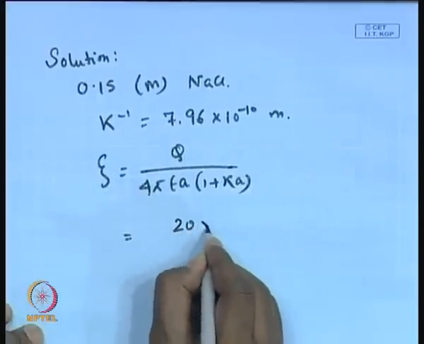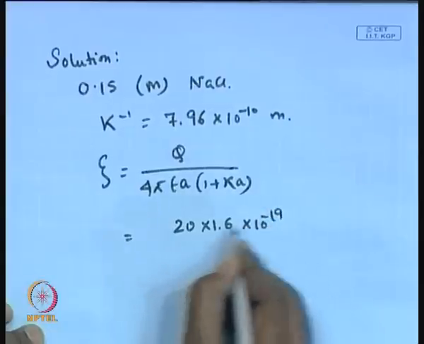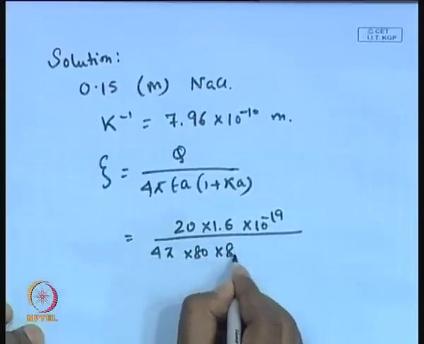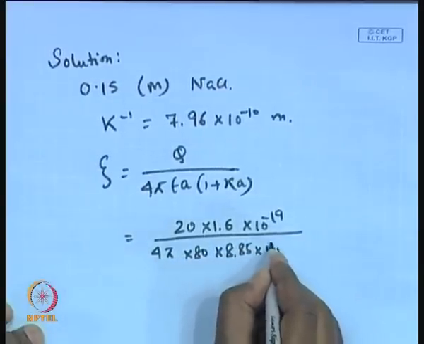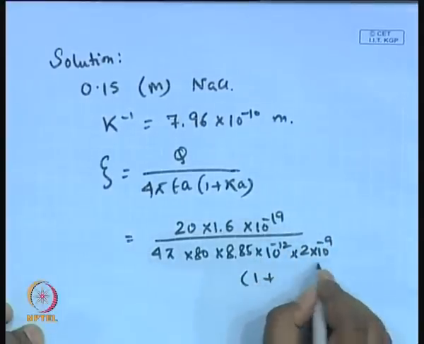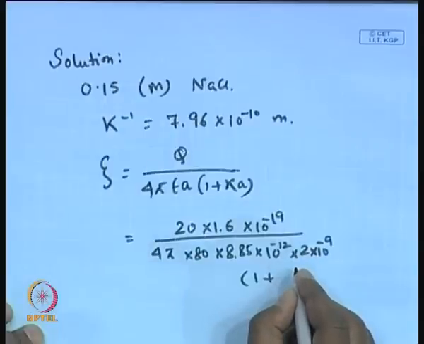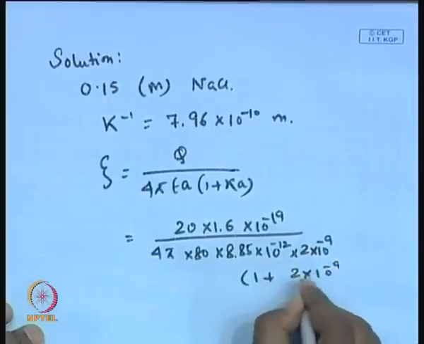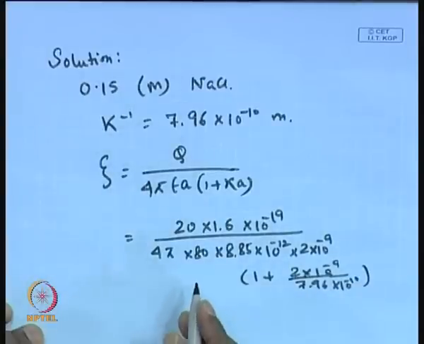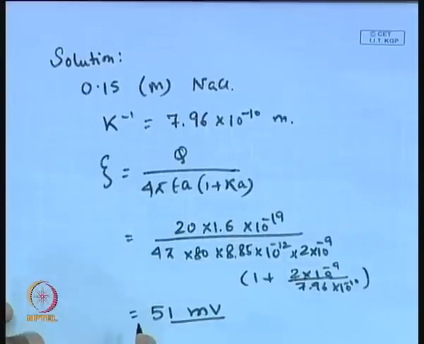So, you will have 20 into 1.6 into 10 to the minus 19 divided by 4 pi into 80 into 8.85 into 10 to the minus 12 into 2 into 10 to the minus 9, into 1 plus kappa A, where kappa A is 2 into 10 to the minus 9 divided by 7.96 into 10 to the minus 10, that is the kappa inverse. So, this turns out to be 51 millivolt.